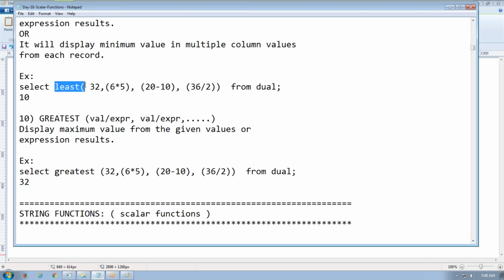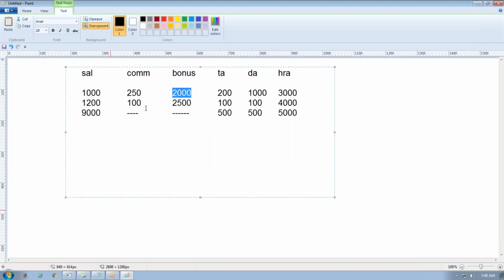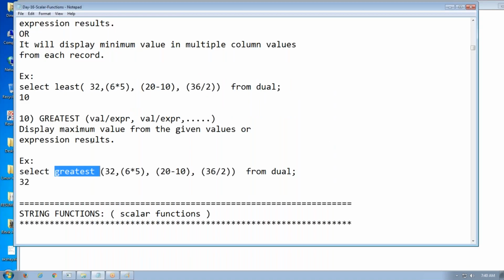Remember, least and greatest are record level. For each record, it will print one result. Whereas max and min functions are column level. They do not compare multiple columns; only in one column it finds the highest value. That is different.